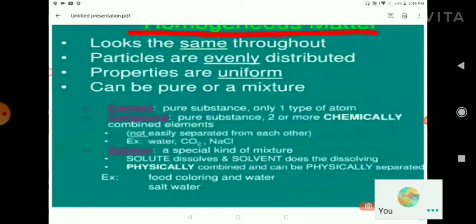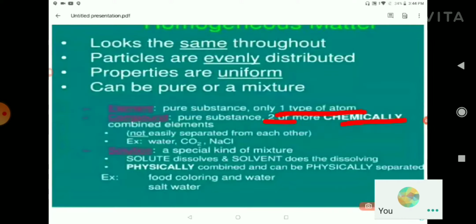Homogeneous mixtures look the same throughout, they are not distinguishable, and they are evenly distributed. Properties are also uniform, and they can be pure or a mixture. A pure substance only has one type of atom, but in an impure one it can be two or more.